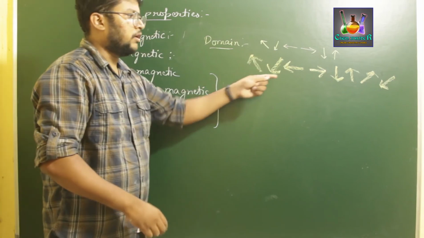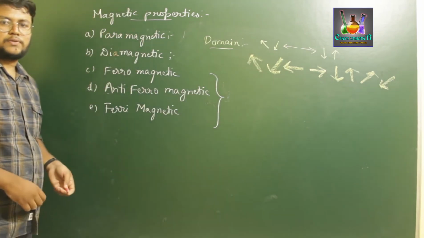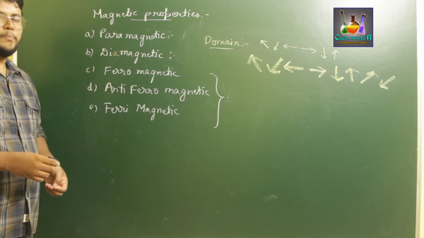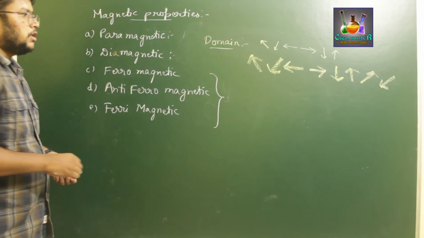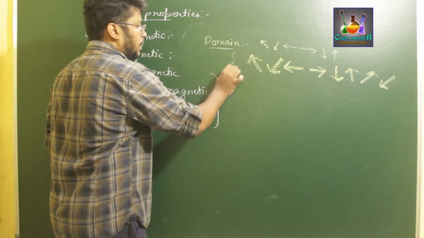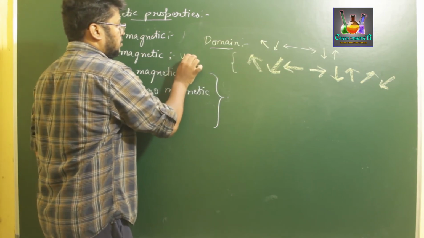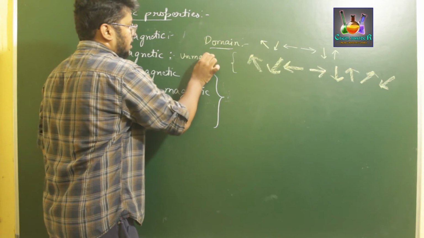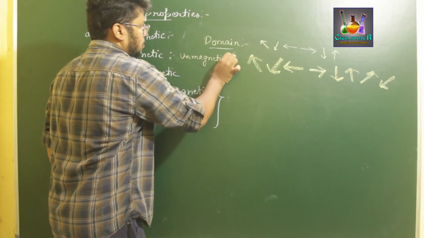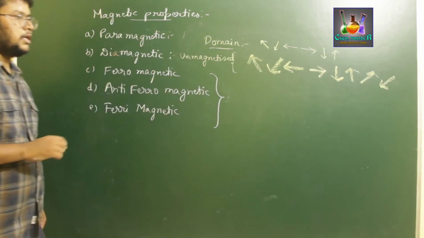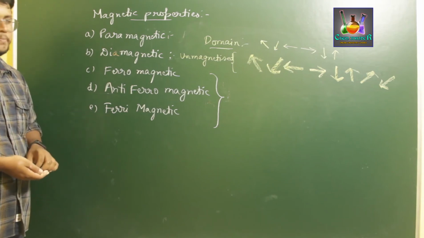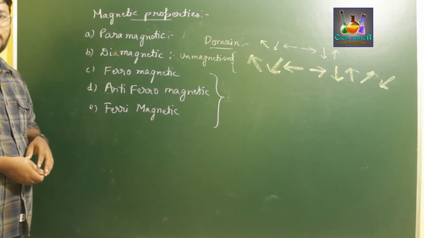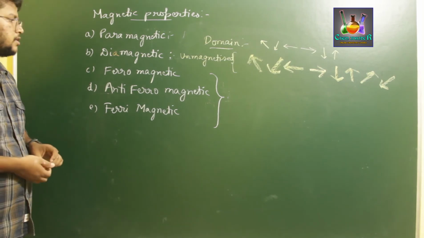So these are all called domains of electrons, which are formed by grouping multiple electrons which are moving in the same direction. These domains have different directions when there is no magnetic field. So that is, they are unmagnetized. When these domains are unmagnetized, they have directions in all respects. So all these domains are directed in different directions.